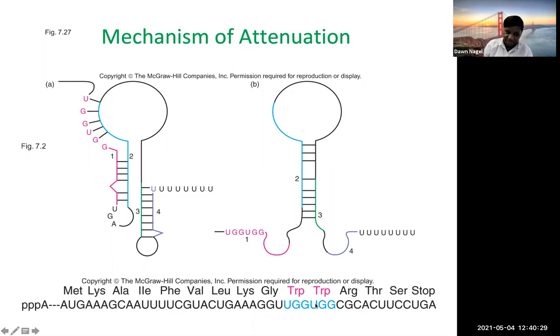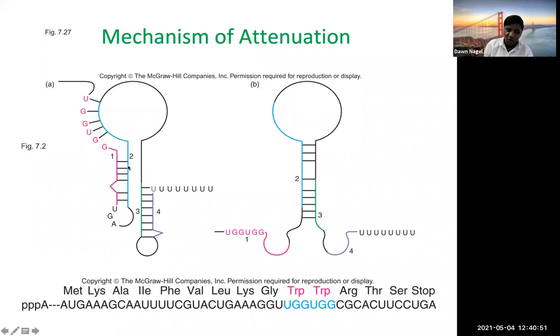Because of this, in the cell, you have that attenuation region. If for some reason this sequence or part of the sequence, which encodes both of these tryptophan, is available, it will form this hairpin structure.